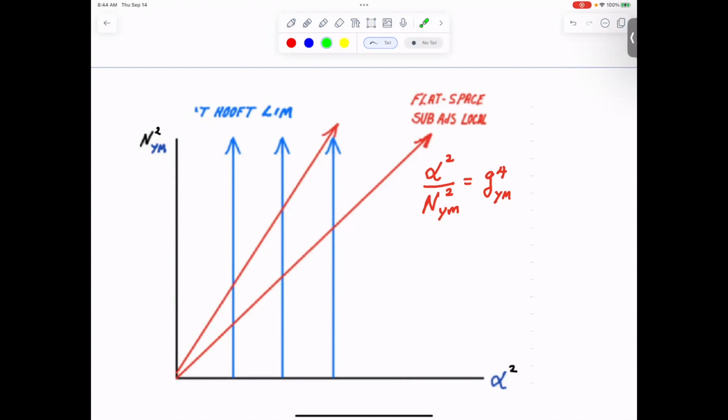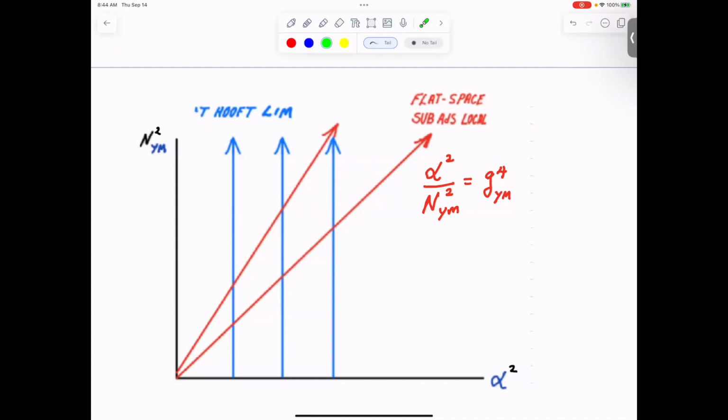There's another limit which we can take, which corresponds to moving along these radial lines here. Those radial lines mean alpha squared over N Yang-Mills squared is a fixed ratio, and that corresponds to a fixed value of the Yang-Mills coupling constant. That in AdS/CFT is the flat space limit.